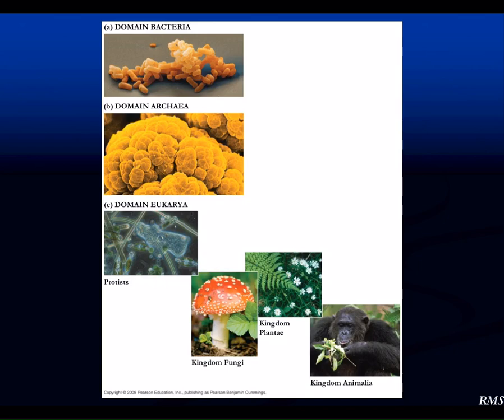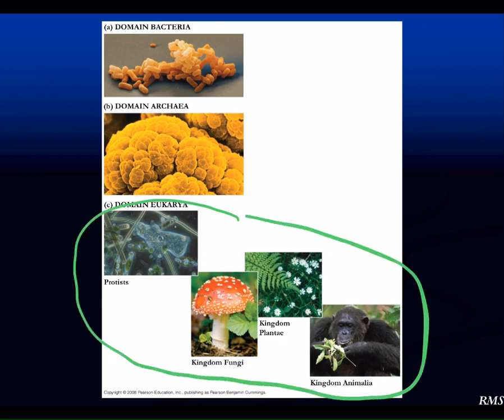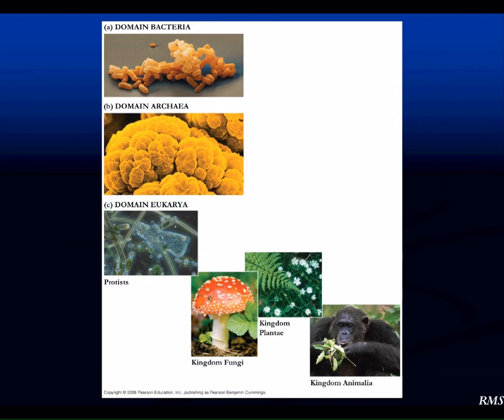There's the domain Archaea, which many people are not familiar with. They're bacteria-like, but they are different, which is obviously why they're in a different domain. And then you have the domain Eukarya, which includes things like animals, plants, funguses, algae, protists. So you have to know those 3 domain names: Bacteria, Archaea, and Eukarya.